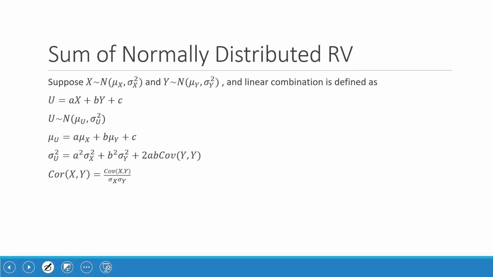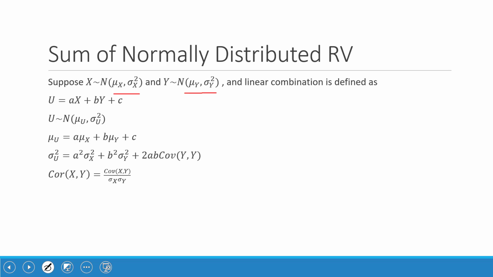Now, like for discrete random variables, let's consider the case when we have two random variables, X, which is distributed according to a normal distribution with the parameters listed here, and another random variable Y, also normally distributed.